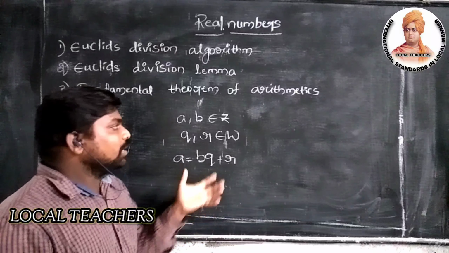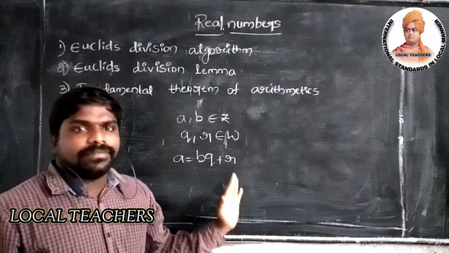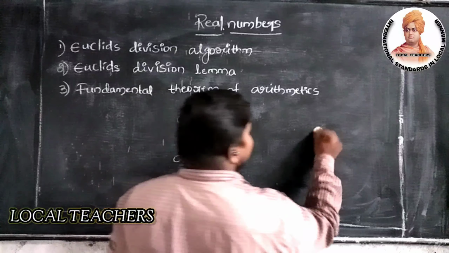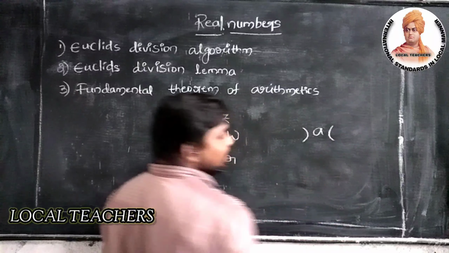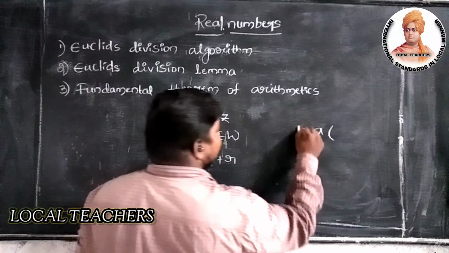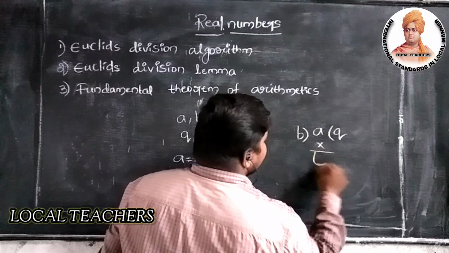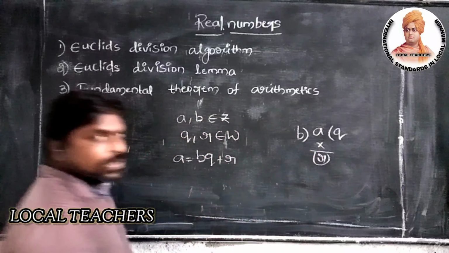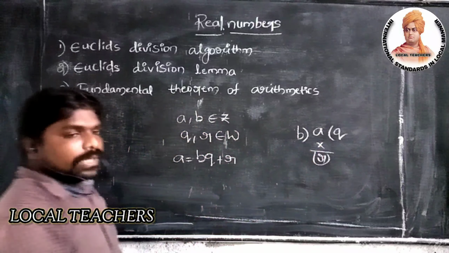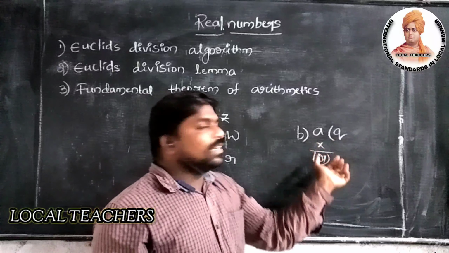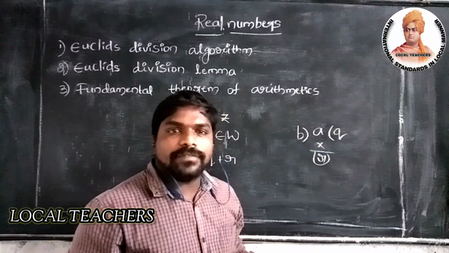If you see this concept, it may look somewhat complex. But if you look at it like this, a is divided by b, and whatever it may be, you will get the remainder. If you see this formula in this way, it becomes very easy to remember, because you have been studying division since 5th class.